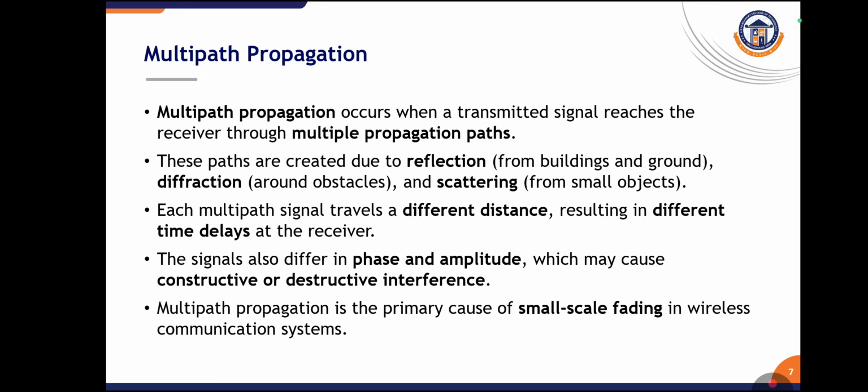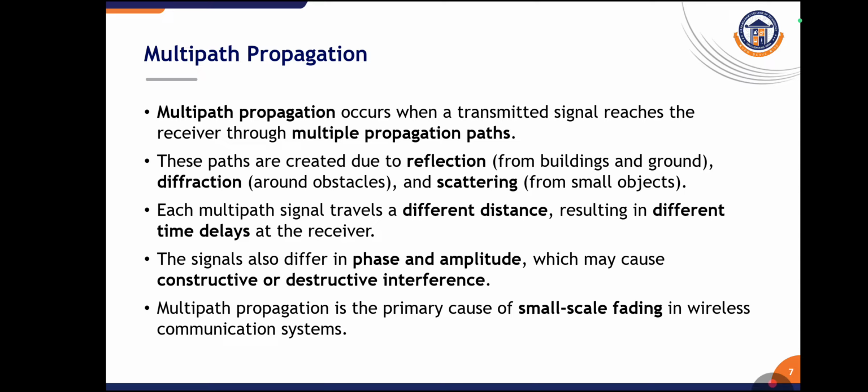Multipath propagation occurs when a transmitter signal reaches the receiver through multiple propagation paths. These paths are created due to reflection. Reflection usually occurs from buildings and the ground, and diffraction, that is around obstacles, and scattering from small objects.